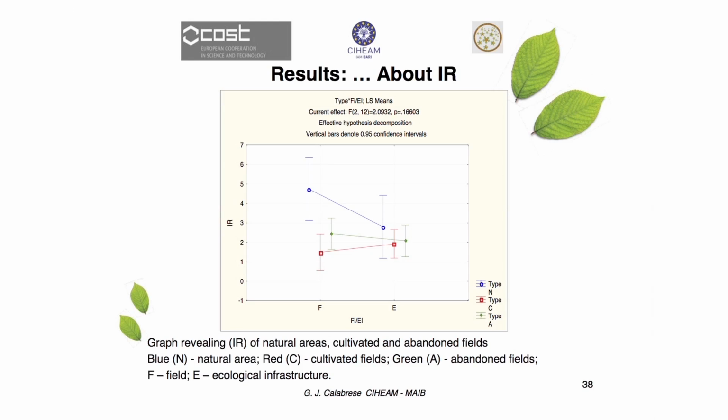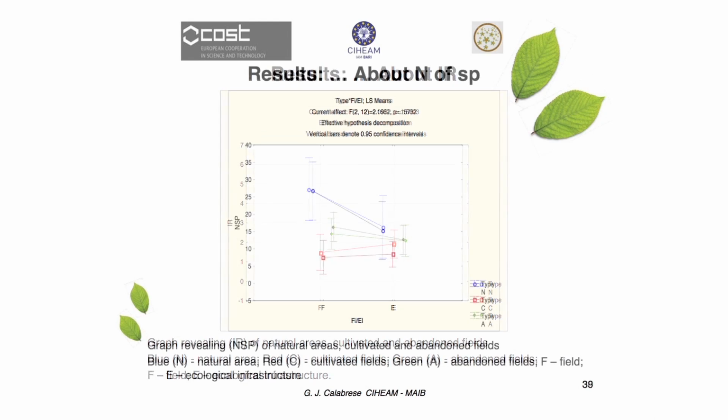but it's quite obvious. What is good to know is that even in A field, that are the abandoned ones, this value is wider. So we have a higher number of species. This is the simple number of species.